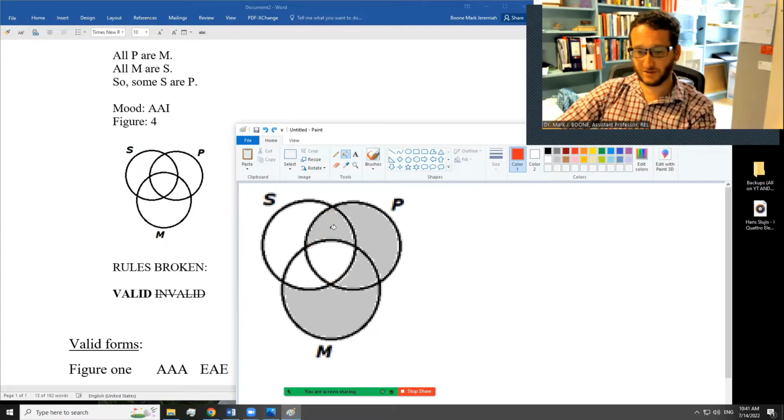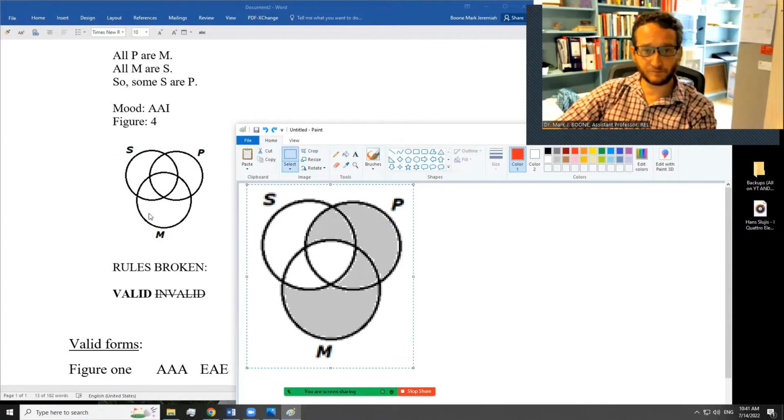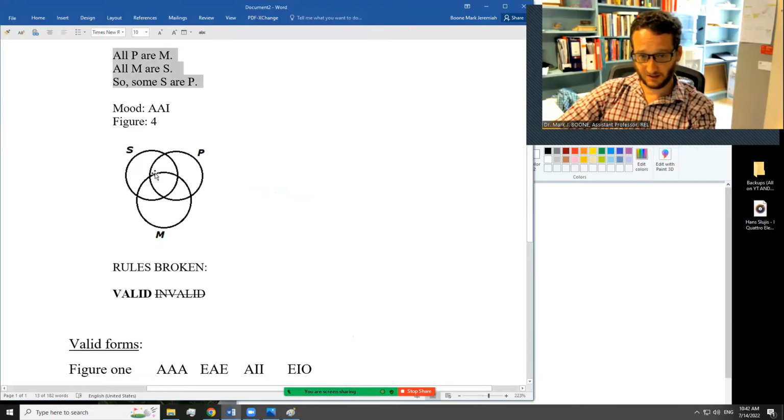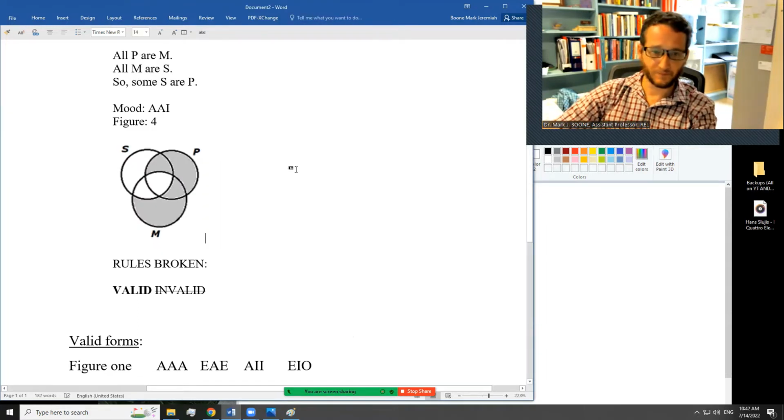With this region shaded, you'd have to have an X right here in the middle of all the regions, but we don't. So this argument is not, in fact, valid. Here's our Venn diagram. All P are M, all M are S, and invalid.